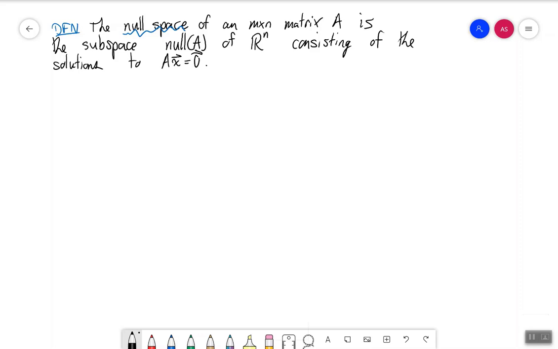But like I said a moment ago, null space of A is just short for saying the solution set of the system of linear equations Ax equals 0.